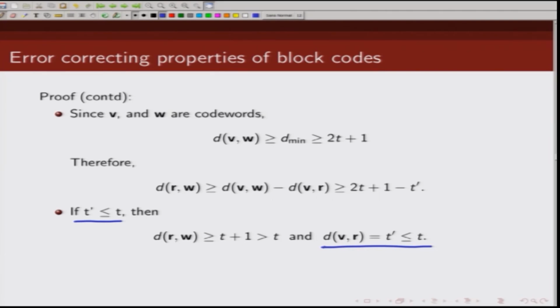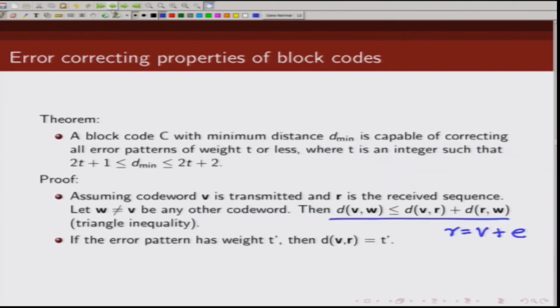So, what we have shown here is, as long as your error pattern has weight up to t, those error patterns are correctable, provided the minimum distance of your code, d min, satisfies this relationship.